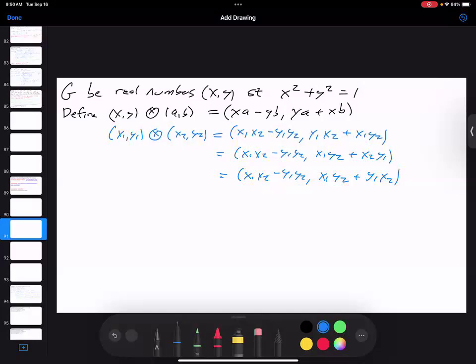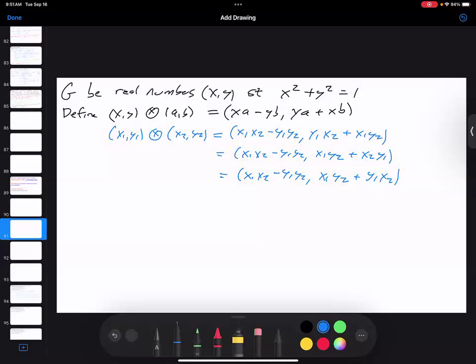How did I get from the first blue line to the second blue line? Yeah, the second element of that tuple, you replace the x's with y's and the y's with x's. That's one way of looking at it. But if I do it like that, am I allowed to do that? Are the two lines equivalent?